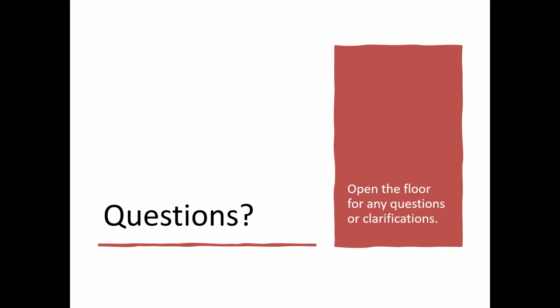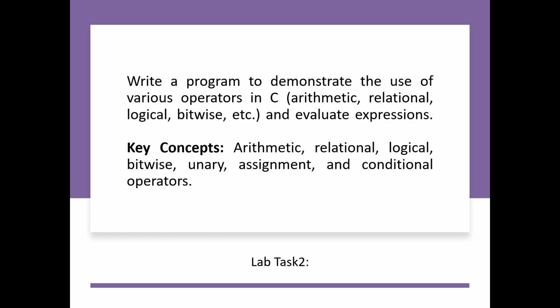If there is any question you can ask, otherwise we can move to the next slide. So today's lab task is to write a program to demonstrate the use of various operators in C such as arithmetic, relational, etc., and evaluate expressions. The key concepts are the arithmetic, relational, logical, and other operators available in C programs.